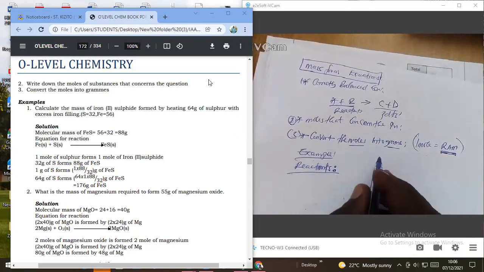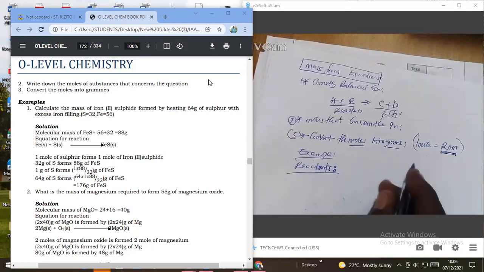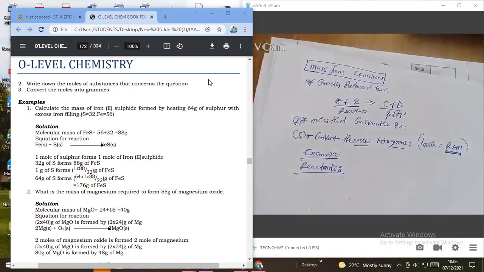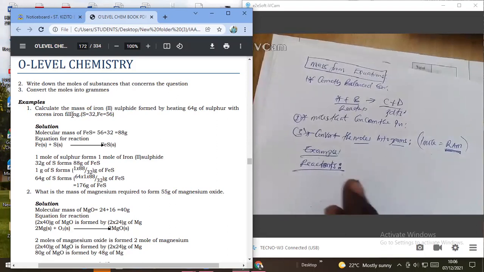Vanita? From the equation given here, where are the reactants? Where are the products? You read the question carefully. They are saying, calculate the mass of iron 2 sulfide formed by heating sulfur with excess iron filings. Where are the reactants? Where are the products?